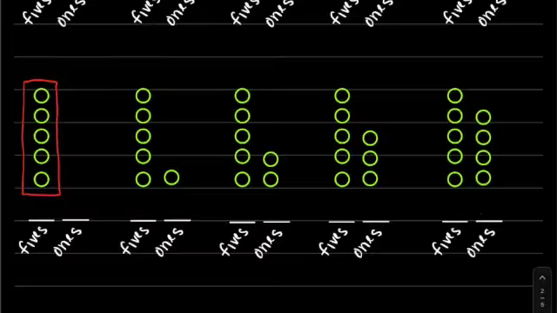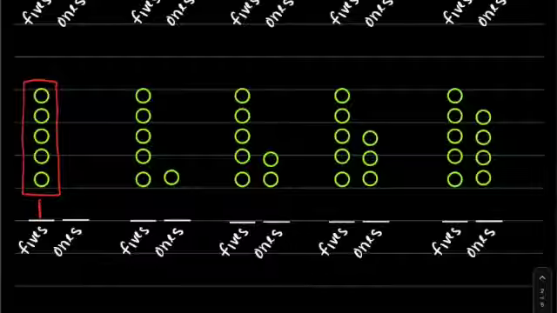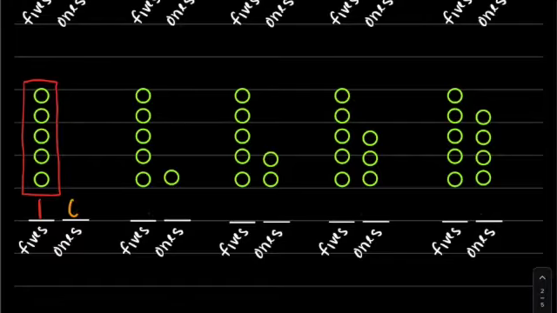So to write that in base 5, as we know, we don't have a symbol for 5. Instead, we show it as a group of 5 and then how many ones we have left over. And so in this case, we would say that we have one group of 5 and 0 ones. And so when we have 5 objects in base 5, it looks like 1, 0.